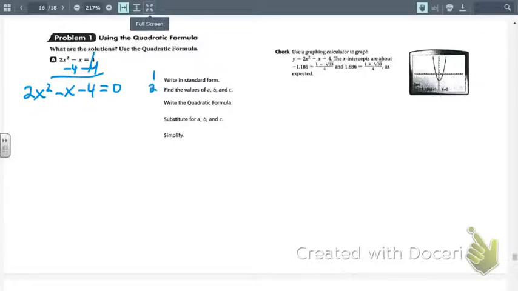The second step is to write down what your a, b, and c are. So the a is going to be 2, the b is going to be negative 1 here, and our c, our constant, is negative 4.